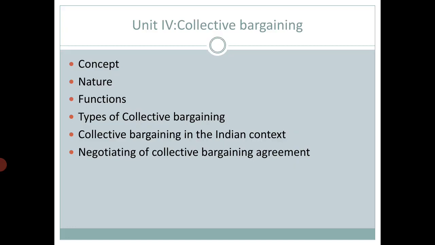Wages, health and safety, management rights, work conditions and benefits fall into the mandatory category. Such things are included in collective bargaining, and in detail we will study them when we go through unit number 4.